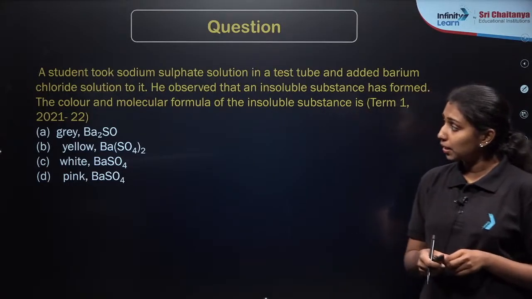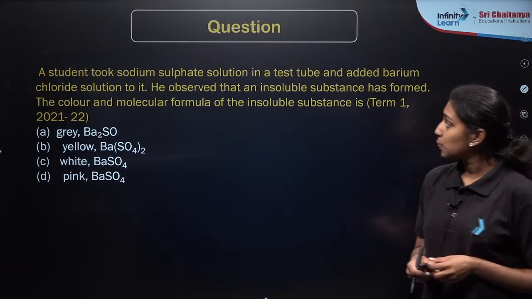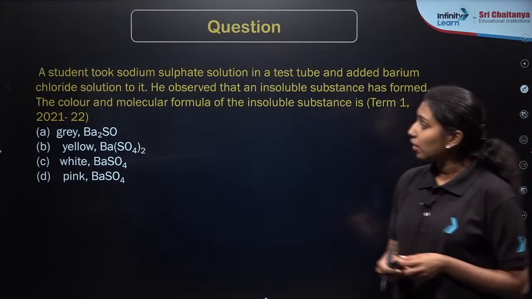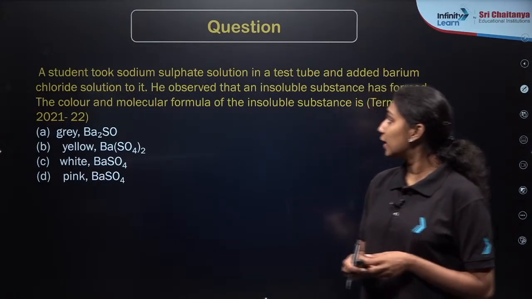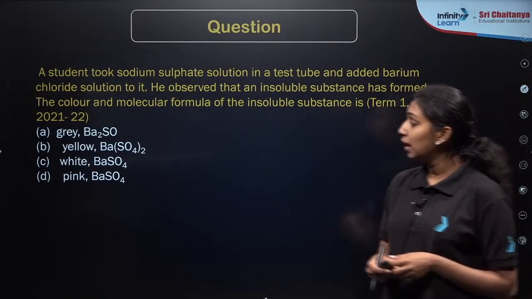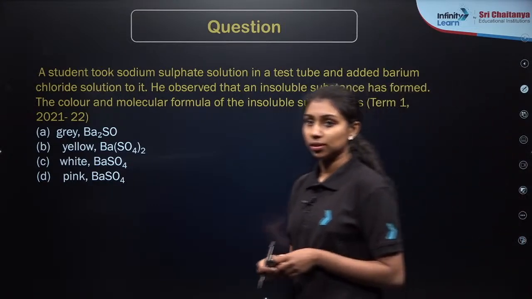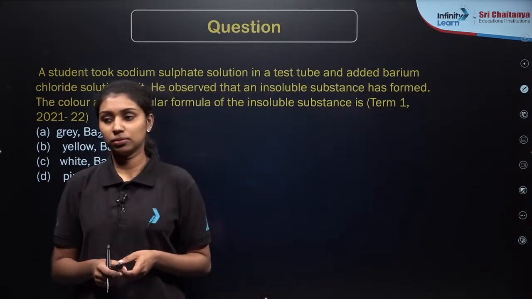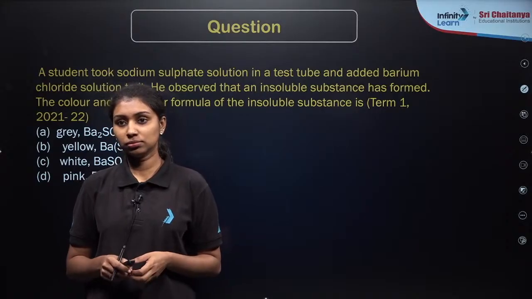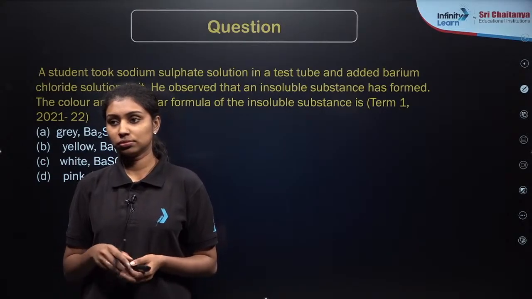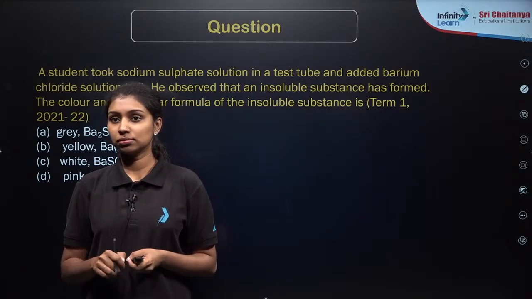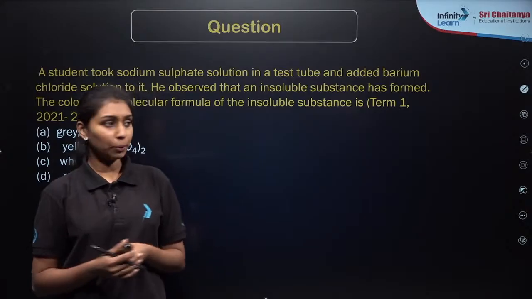Read the question carefully. A student took sodium sulfate solution in a test tube and added barium chloride solution to it. He observed that an insoluble substance has formed. What will be the color and the molecular formula of the insoluble substance? Options are already provided here.